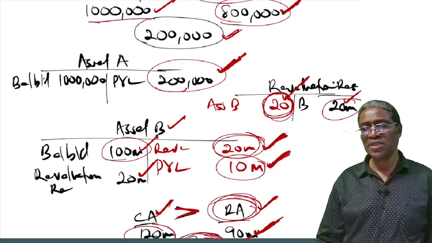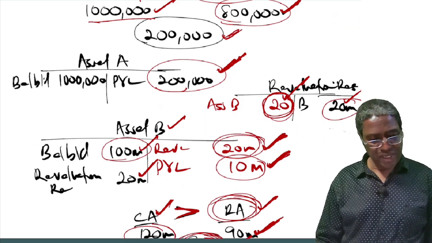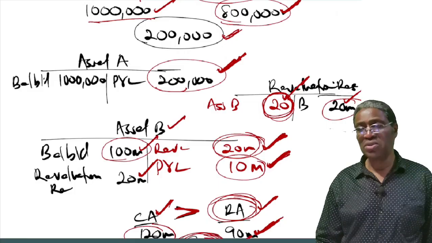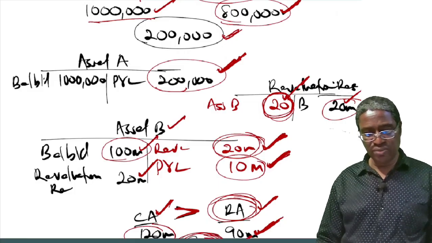Number two, any cash outflow. Underline cash outflow.